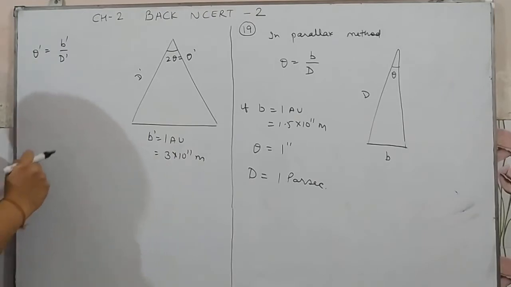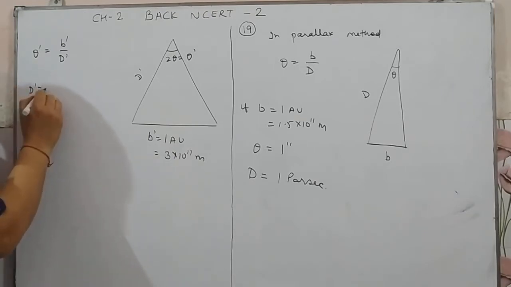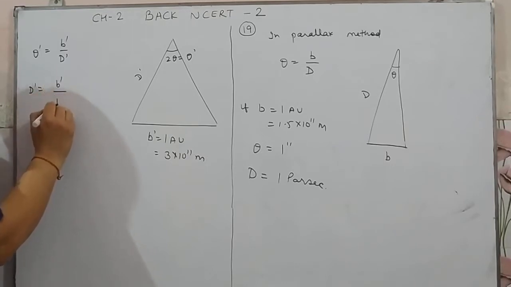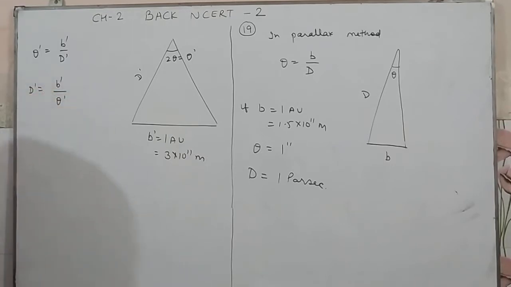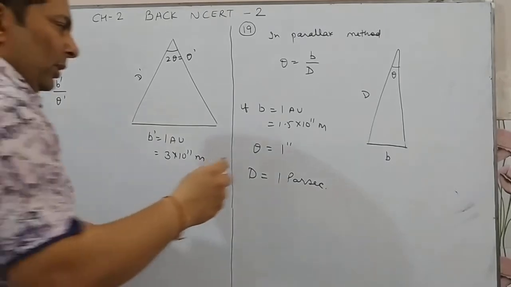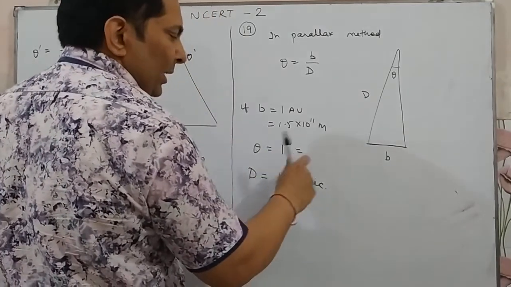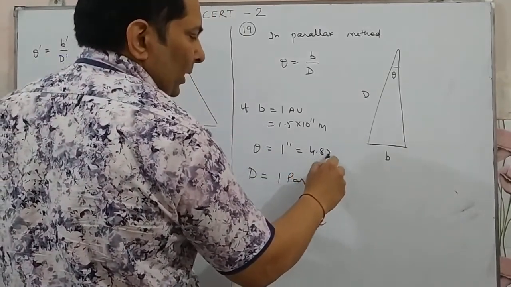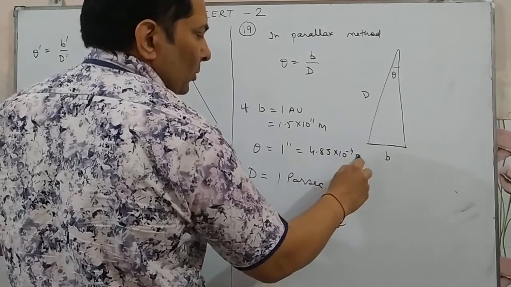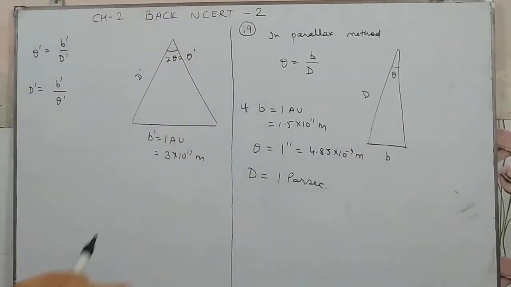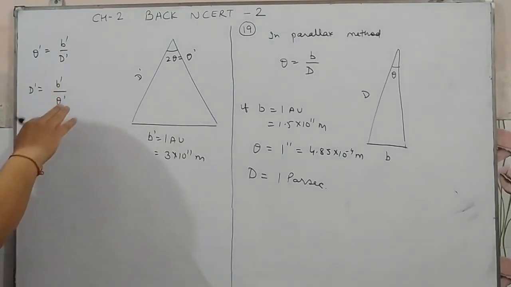Now let us find this value. d dash is equal to b dash by theta dash. Now to put the values here, we know that 1 second is equal to 4.85 into 10 raised to the power minus 6 radians, as we discussed while discussing parallax. In this case theta dash is double of that.